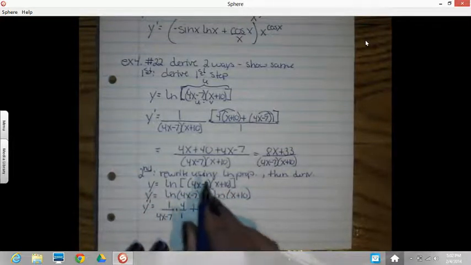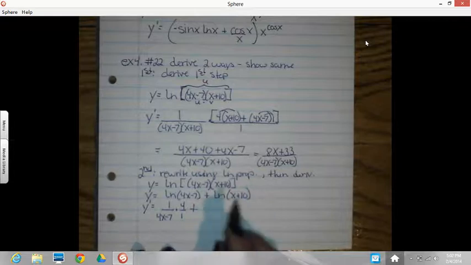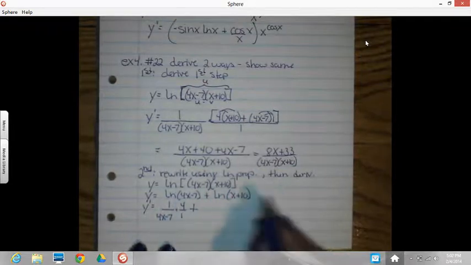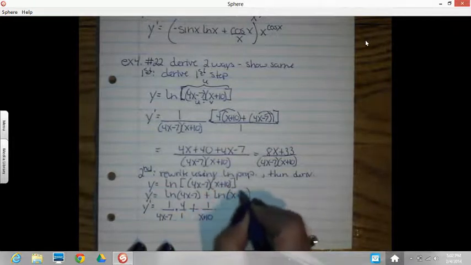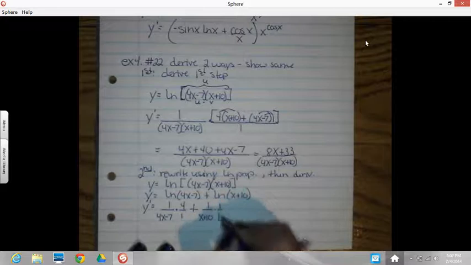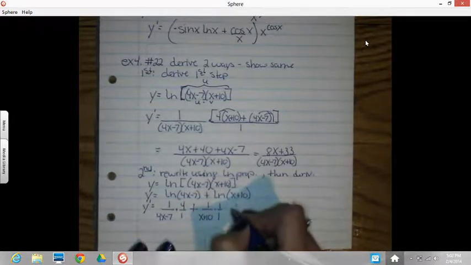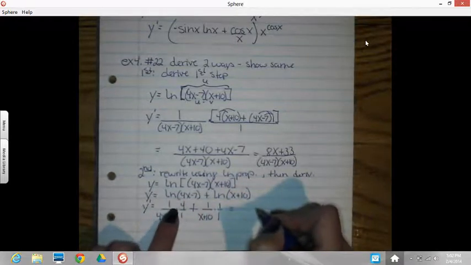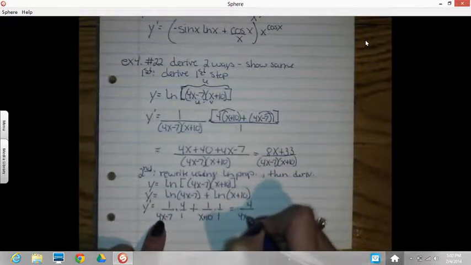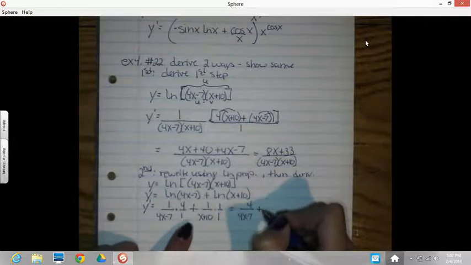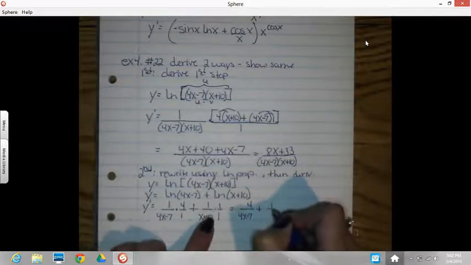I only do product rule when I've got two logs multiplied, or two x's multiplied. Here, 1 over x plus 10 times the derivative here is a 1. So I've got numerator of 4 over 4x minus 7 plus 1 over x plus 10.